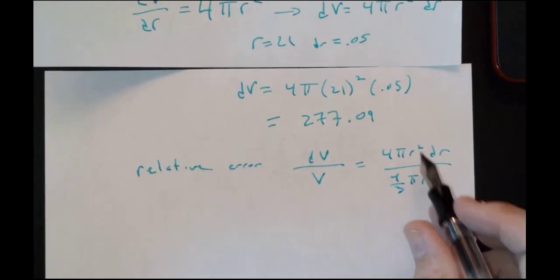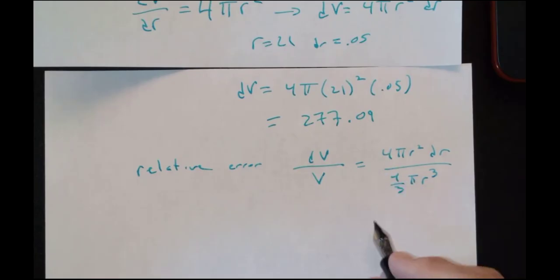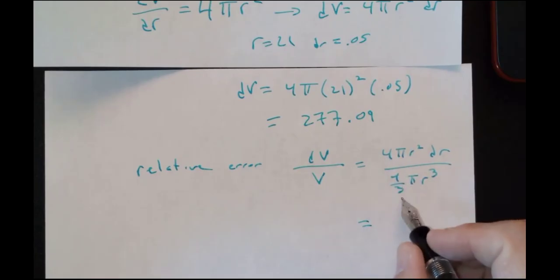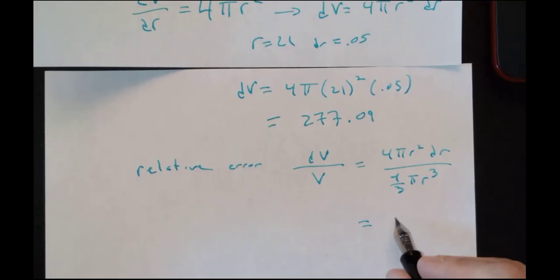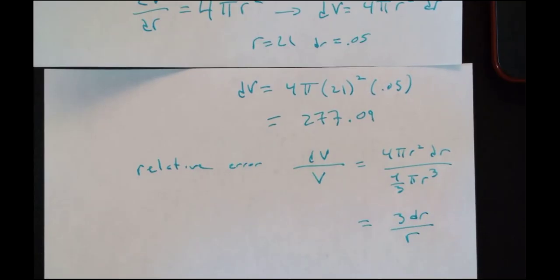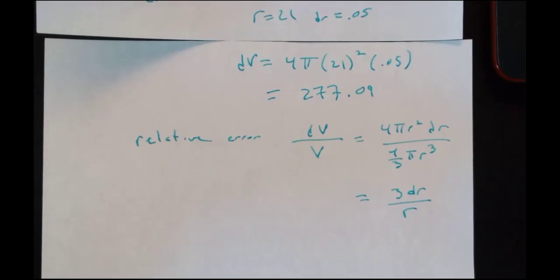The pi is going to cancel. Two of the r's are going to cancel. The 4 is going to cancel. The 3, it's on the bottom, so it'll come up to the top. 3 dr over r. If you work out the relative error in advance of doing the propagated calculation, you've saved yourself a step.